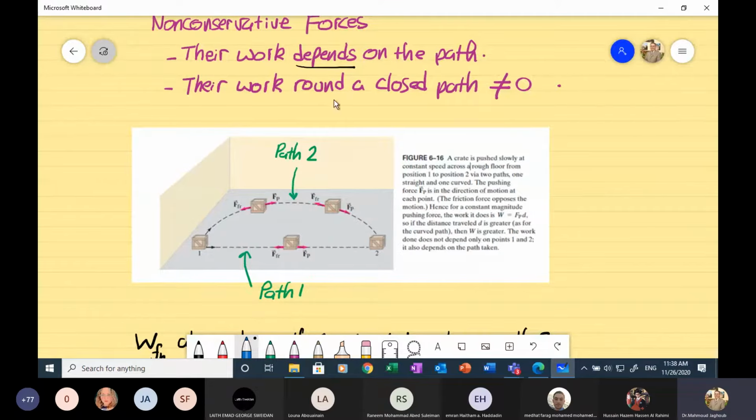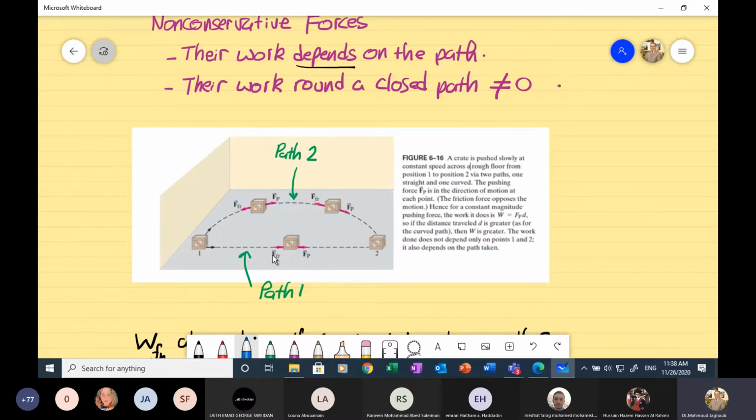Now this means that the work of friction depends on the path that you take to go from point 1 to point 2. Immediately this means that frictional force is not a conservative force, because if you remember last lecture, when we calculated the work of the weight in taking an object from point A to point C, we chose two different paths, from A to C directly and from A to B to C, and the work in both cases was the same.